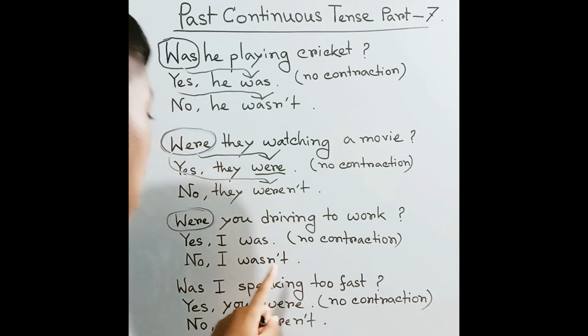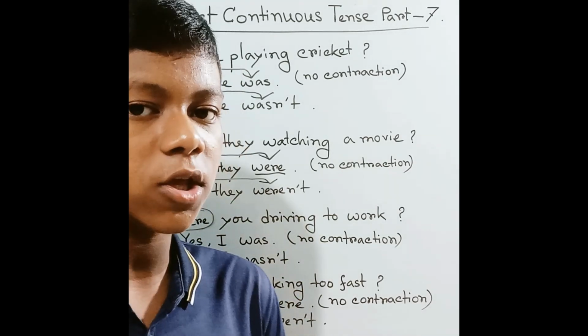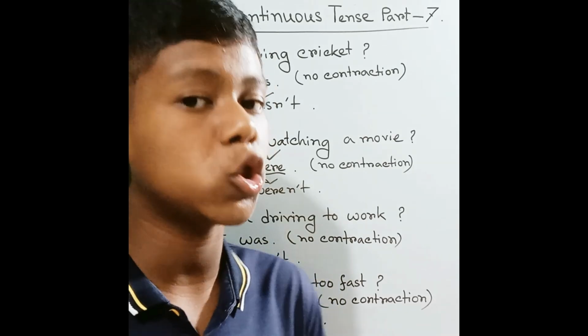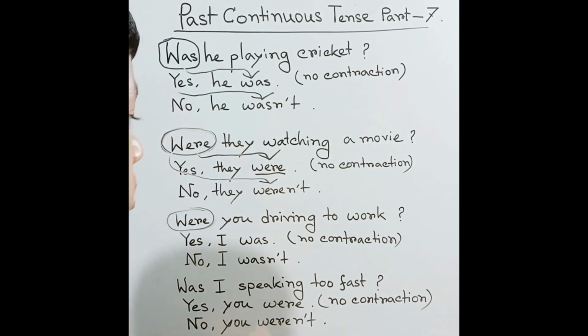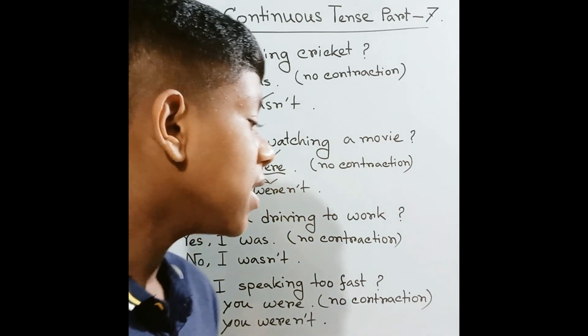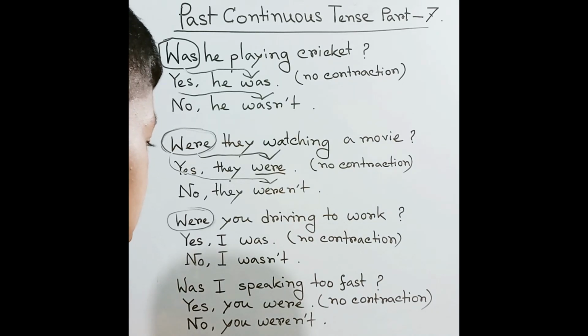Yes, I was. No, I wasn't. Why? Because when you give the answer, you have to use I. We already know there isn't any contraction in the positive, and there is a contraction in the negative. I hope you have understood.